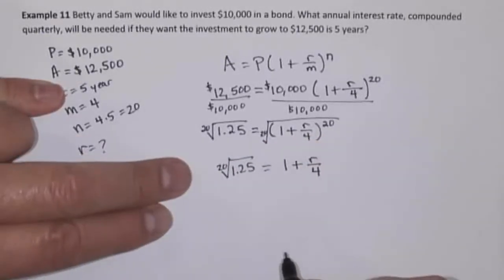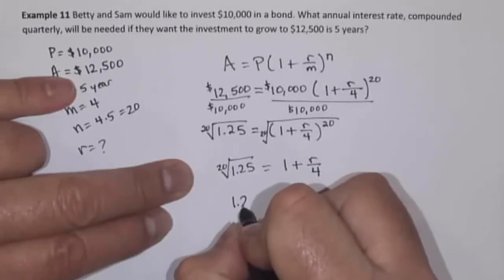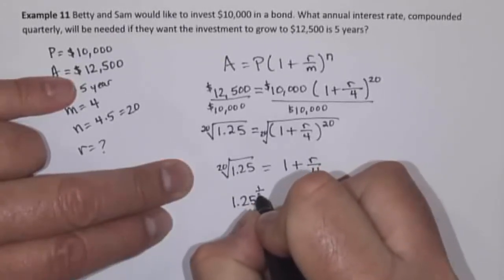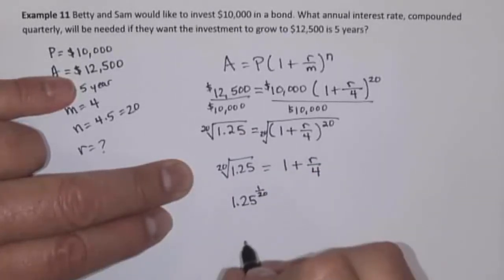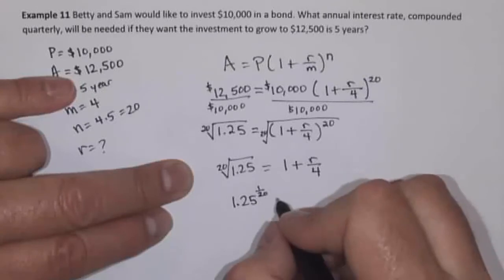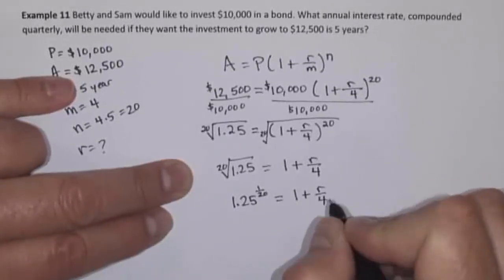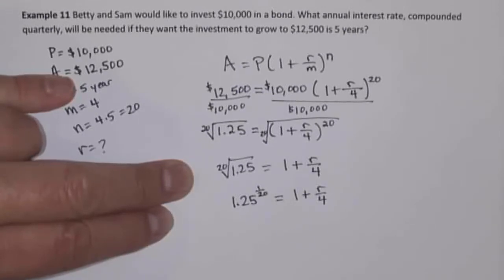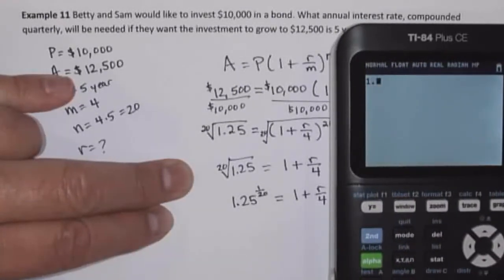Now you may remember from the previous chapter that doing the 20th root is the same as raising to the 1/20th power. So if I take 1.25 and raise it to the 1 divided by 20 power, that will give me what the 20th root of 1.25 is. So I'm going to use my calculator for that. 1.25 raised to the 1 divided by 20 power.